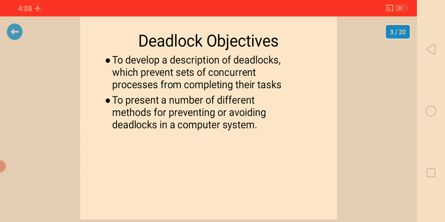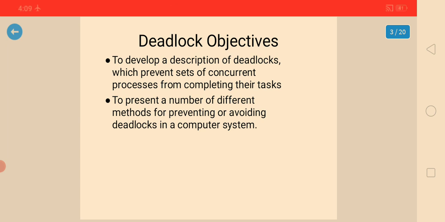For example, I give one example for deadlock. Two trains are coming towards each other on the same track and there is only one track. Neither train can move once they are in front of each other.